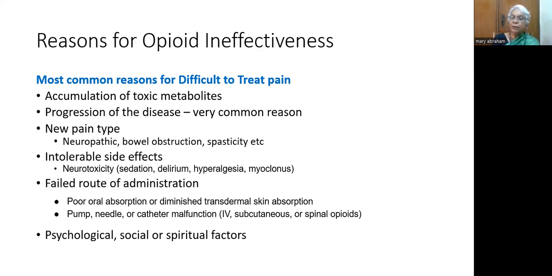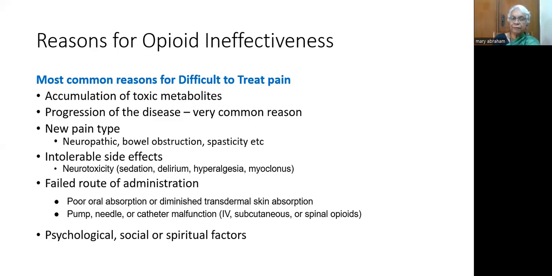Or is there a failed route of administration? For example, if I was giving the medication orally, is there poor oral absorption? Or if you're giving a transdermal fentanyl patch, is there poor transdermal skin absorption? Or if you're giving patient-controlled analgesia or an epidural and it's not working, you have to look for a malfunction.